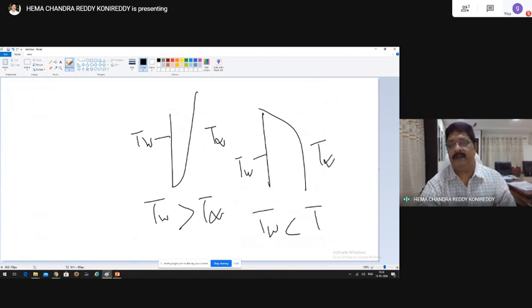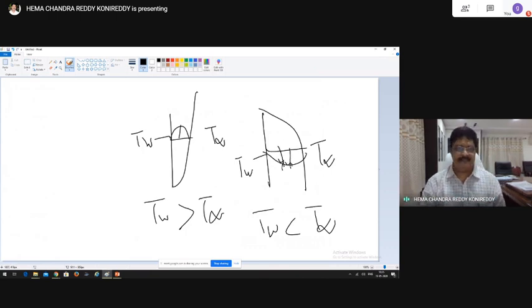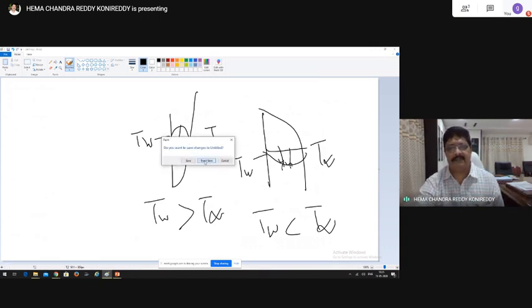T_W is less than T infinity. These are the two cases. And this is not very difficult for you. The velocity profiles and temperature profiles I have drawn. In this case, it will go down, and therefore it will be like this. This is not very difficult for you to digest or understand.